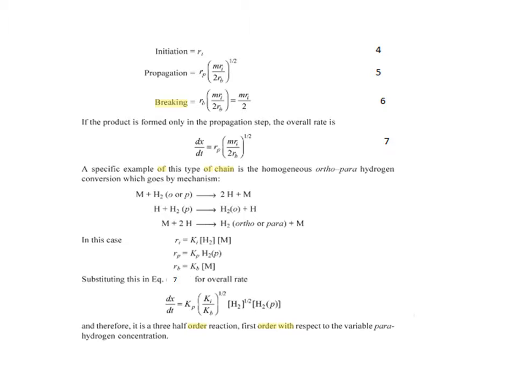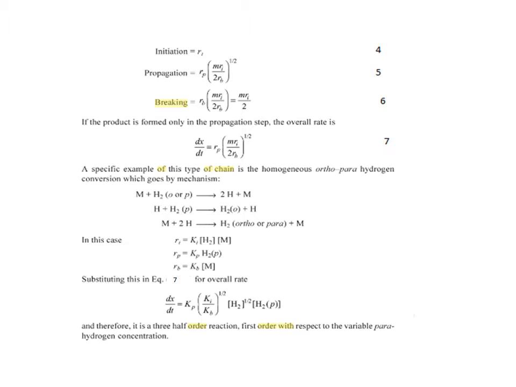If the product is formed only in the propagation step, the overall reaction rate dx/dt will be equal to Rp (MRi over 2Rb) under root. This is equation number 7.